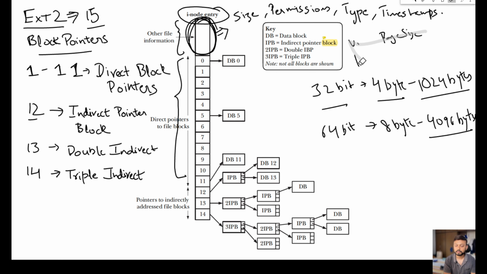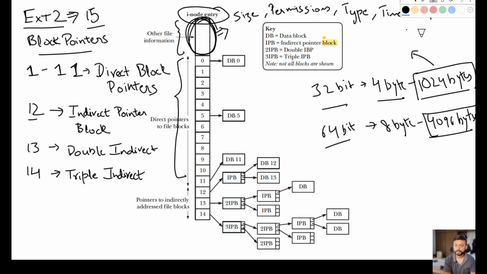But to understand the block pointers, let's keep in mind the page size of 1024 for a 32-bit system and 4096 for a 64-bit system. This physical page is the actual placeholder of data. Any data that we write is stored in these physical pages.